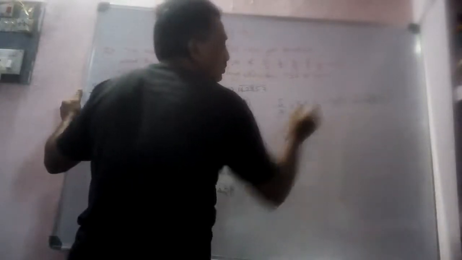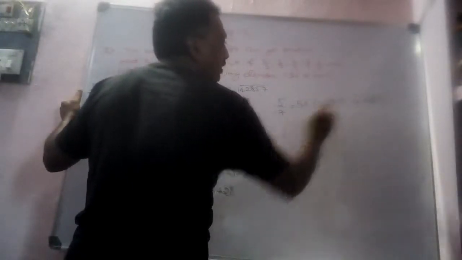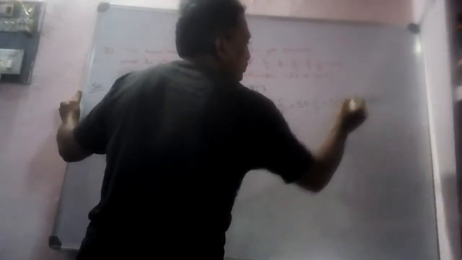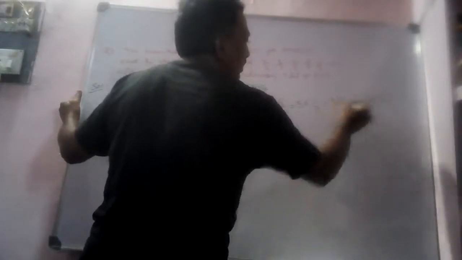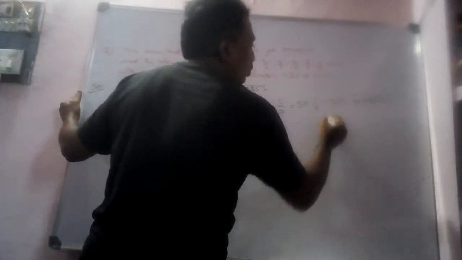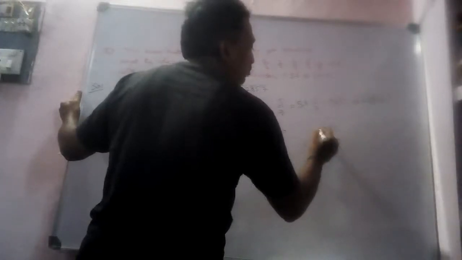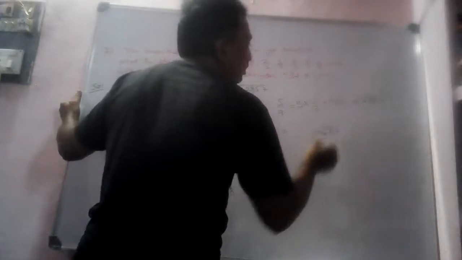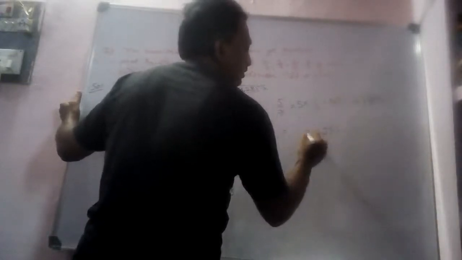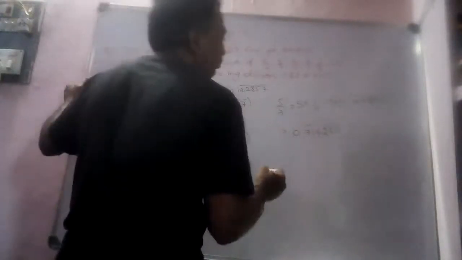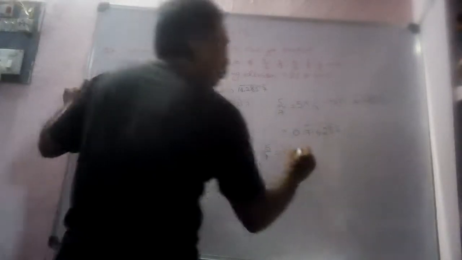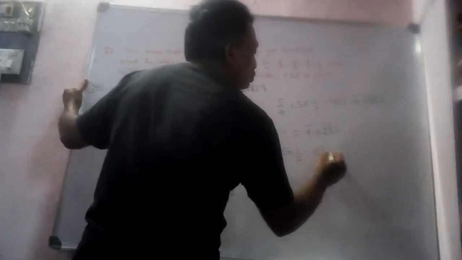Multiplying, 5 sevens are 35, 5 fives are 25, 28, 5 eights are 40, 42, 5 twos are 10, 14, 5 fours are 20, 21, 5 ones are 5, 7. So 5 by 7 is 0.714285 bar.